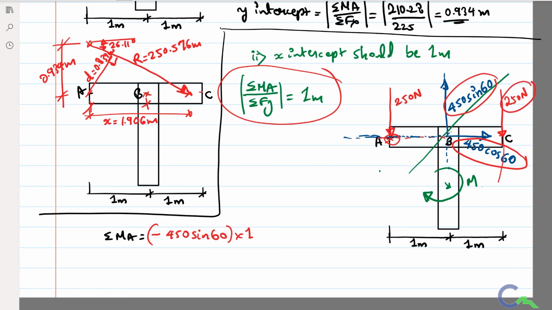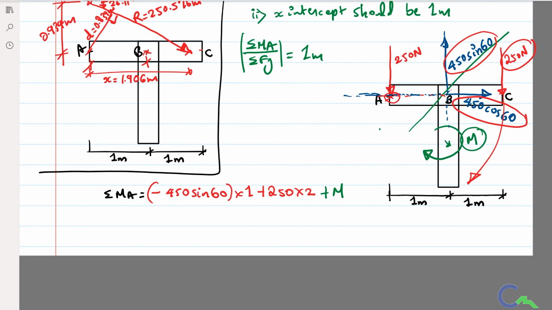So if I apply that force about A, it is going to rotate in clockwise, therefore 250 into 2, the only remaining thing that is m. So I will take, it is clockwise, I will take as it is as m. If I simplify this, I will get sigma MA is equal to 110.28 plus m.